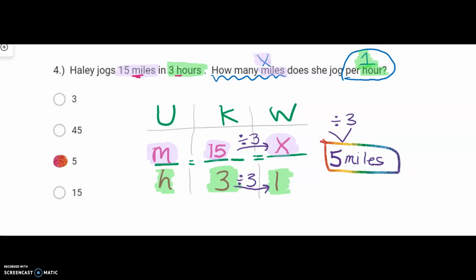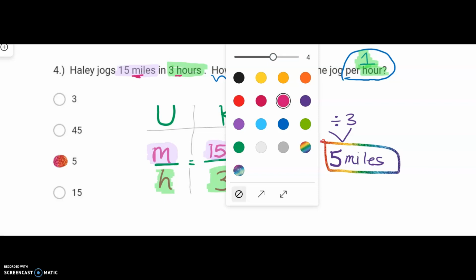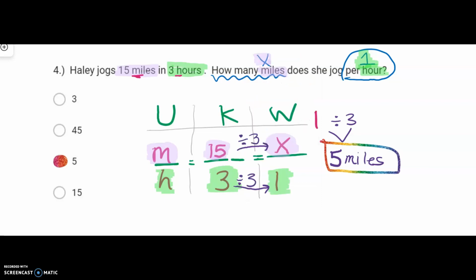So I did the same thing to the numerators at the top, and I did 15 divided by 3, which over to the side I worked out. Oh, I'm sorry, there should be a 15 on there. 15 divided by 3 is 5 miles. I'll see if I can just write that on there for you real fast so that you see what I'm talking about right over here. 15 divided by 3 is 5 miles.